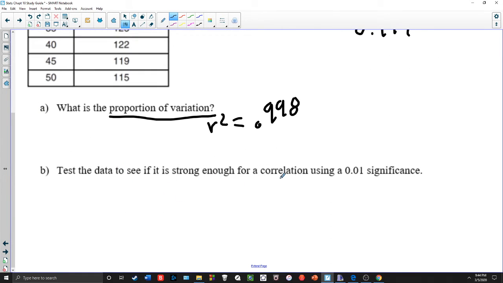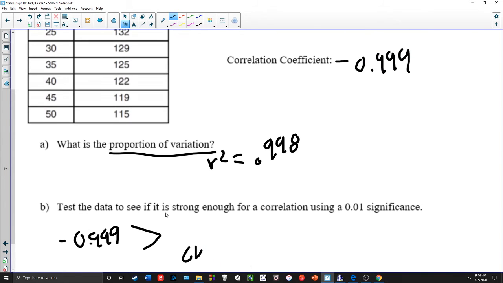Test the data to see if it's strong enough for a correlation using a 0.01 significance. So when it says test, we want to put our r, which is negative 0.999, up against a critical value and see who wins. I'm already saying the correlation coefficient is winning, but we should always check it.